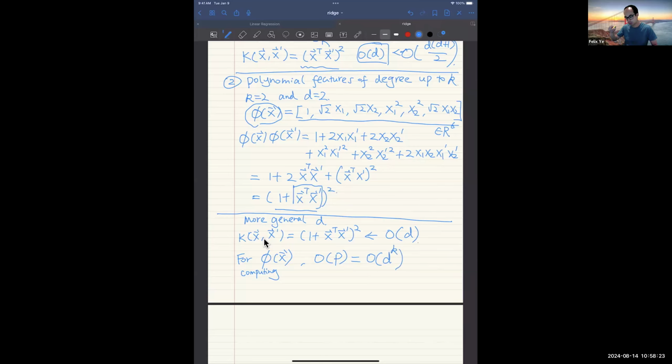Since we choose k equal to 2, that will be d squared. That is the amount of time or memory that needs to be allocated.